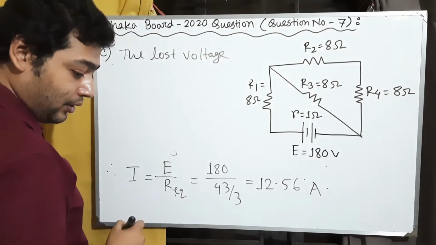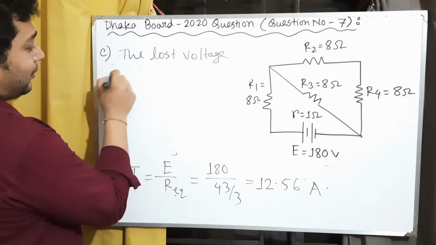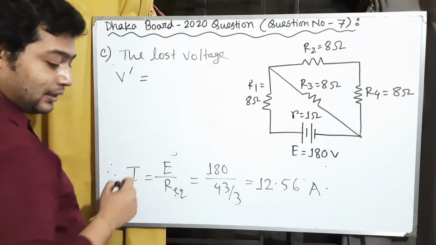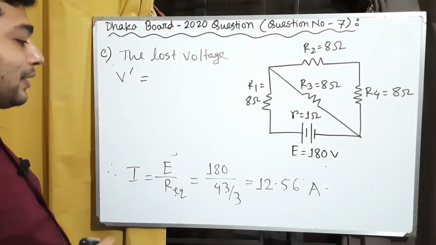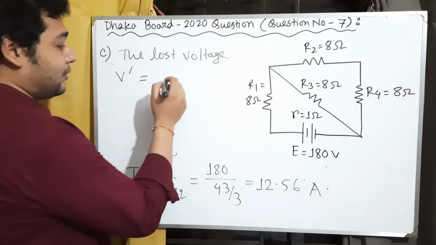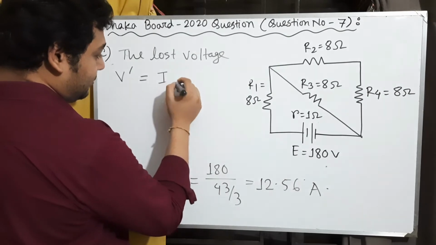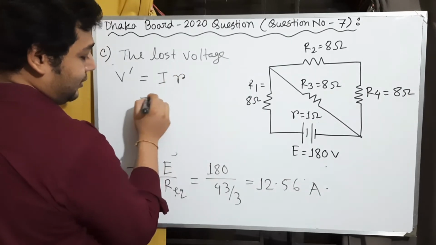The lost voltage is denoted by V prime. V prime equal to I into small r.